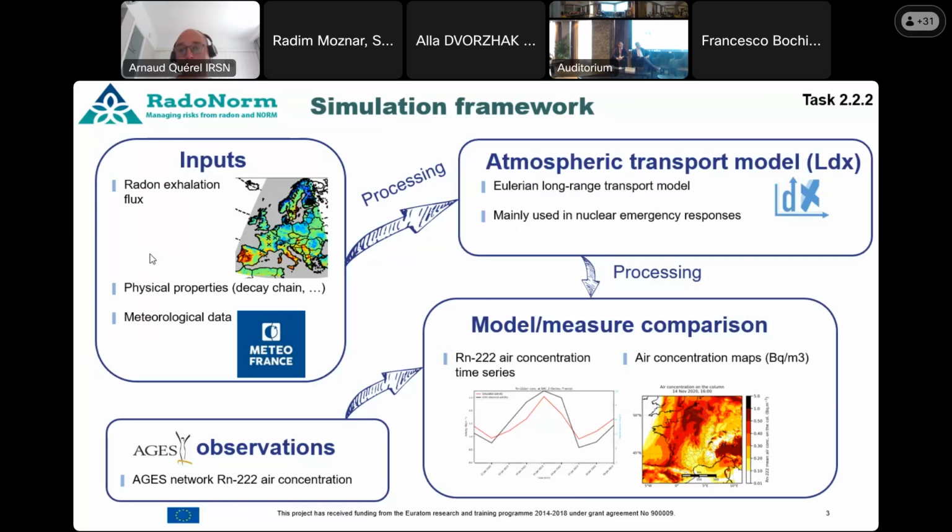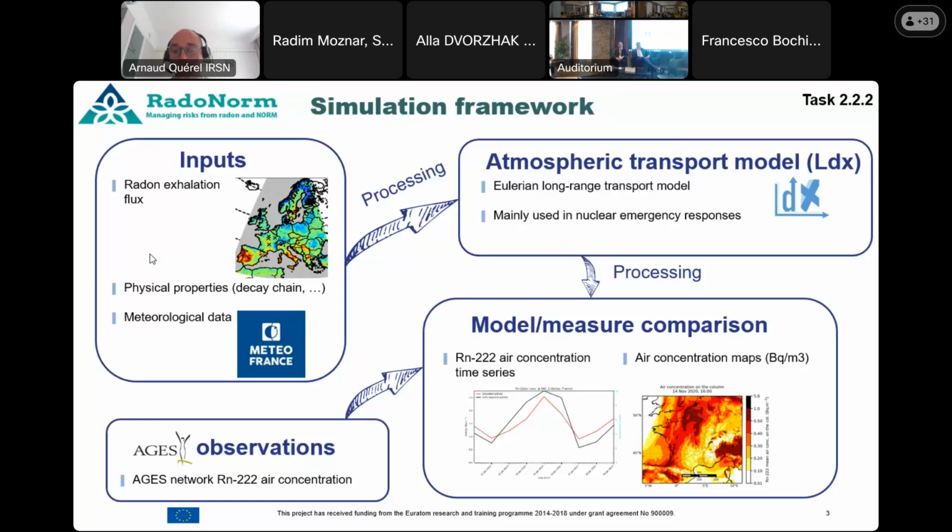The output of the atmospheric transport model is the concentration of radon in becquerel per cubic meter with a resolution of 0.1 degrees, corresponding to almost 10 kilometers at our latitudes.